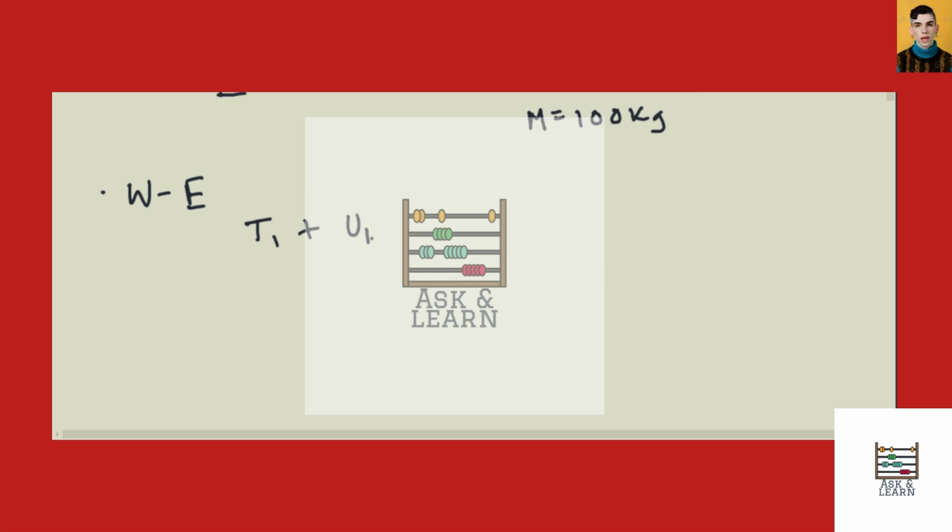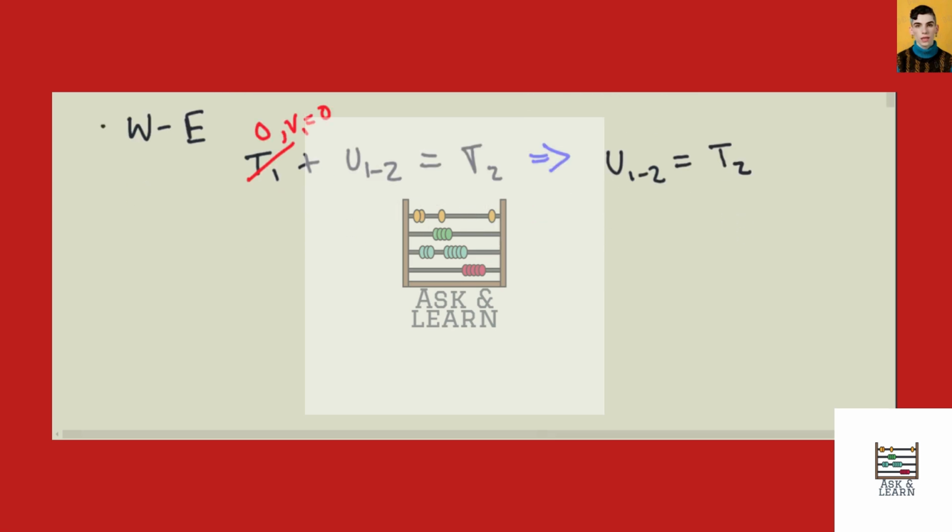So that means we can combine those two and use the work energy principle, which is given as the initial kinetic energy of the object plus the work being done on the object is equal to its final kinetic energy. But because the object is initially at rest, initial kinetic energy is 0 because the velocity is 0. So now we're just left with the work being done on the object is equal to its final kinetic energy.